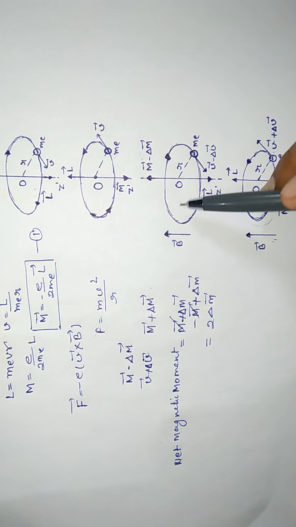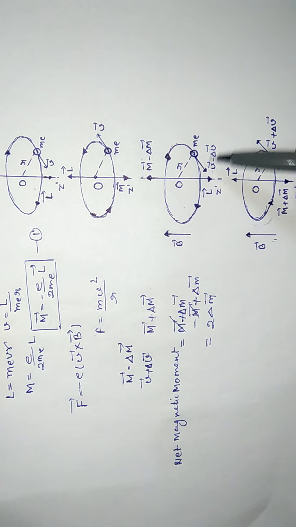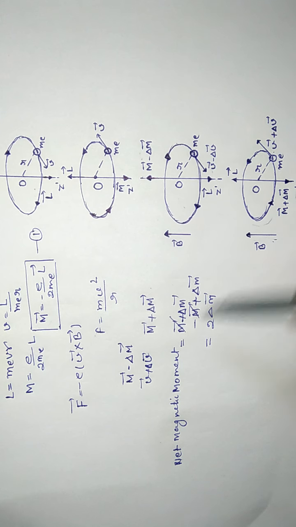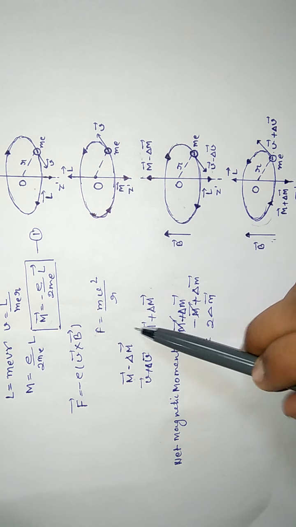Now you can see for the electron which is revolving in the clockwise direction, the new magnetic dipole moment becomes m minus delta m.